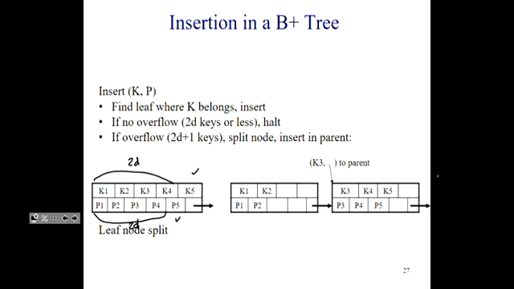You would split this up into 2 leaf nodes, one containing the first 2 keys and the first 2 pointers, the second containing the next 3 keys and the next 3 pointers. So it's a little different from the internal node split, but it'll become clear why this is needed when we look at an example.